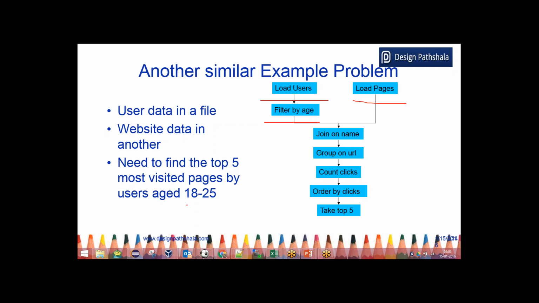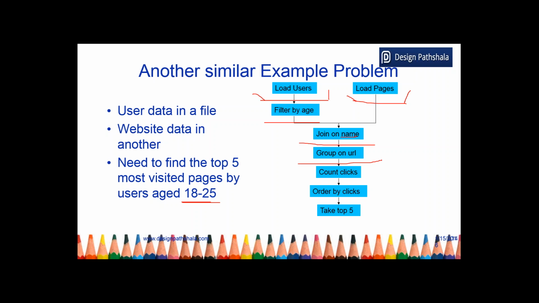I am only interested in the users who are between 18 to 25 because I have to just find out the top 5 most visited pages based on user age of 18 to 25. So I'll load the users, I'll filter them based on the age lying between 18 to 25. I'll load the pages, that is the clickstream data. I'll join both of them based on the user ID.